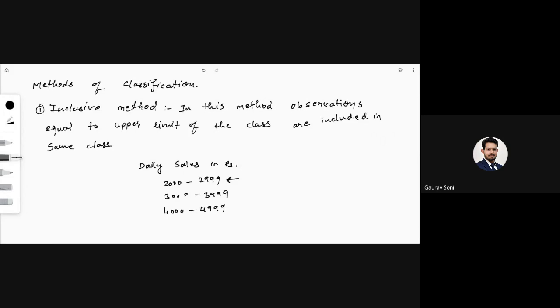But like the previous example that we solved, in that case 120 when we got, we didn't include it here, but we included it here. So the classification in which observations equal to the upper limit are included in the same class is called the inclusive method.